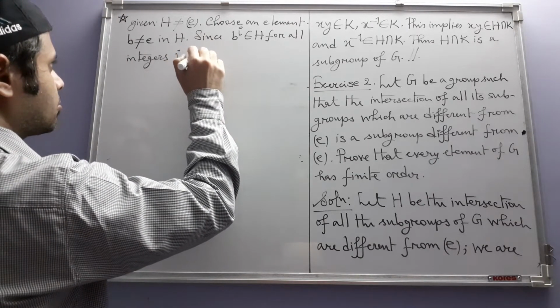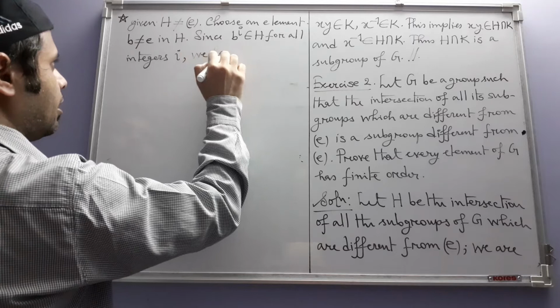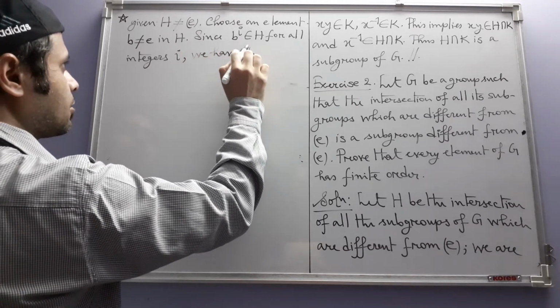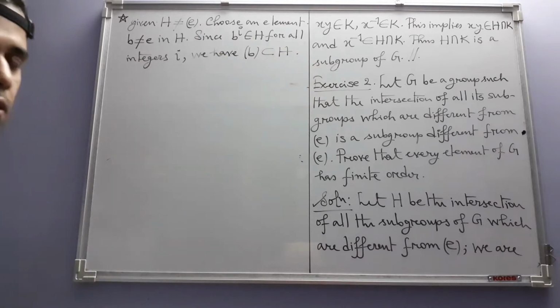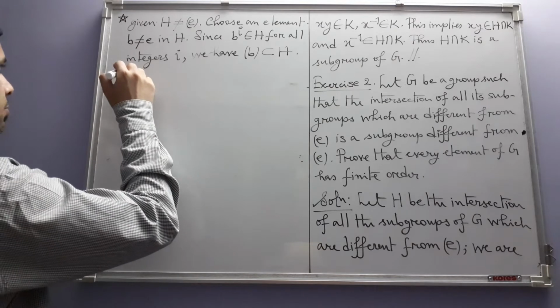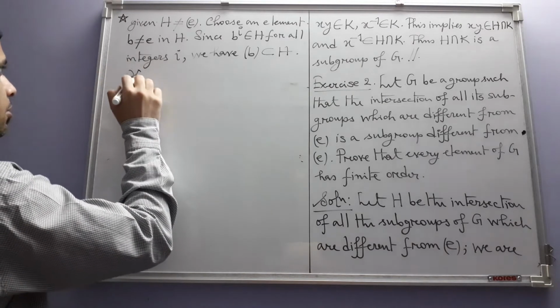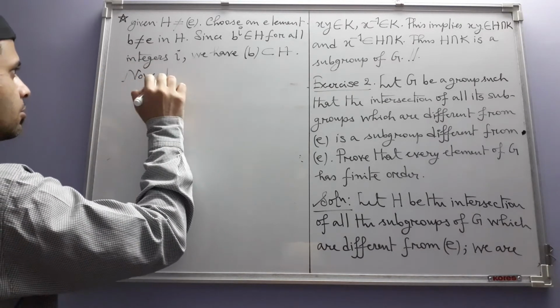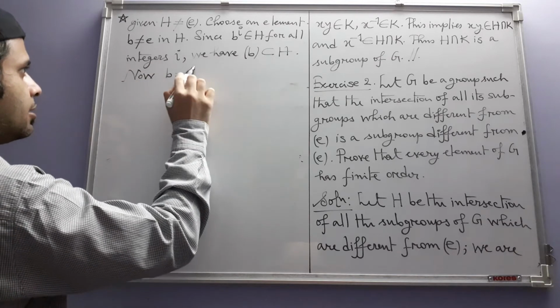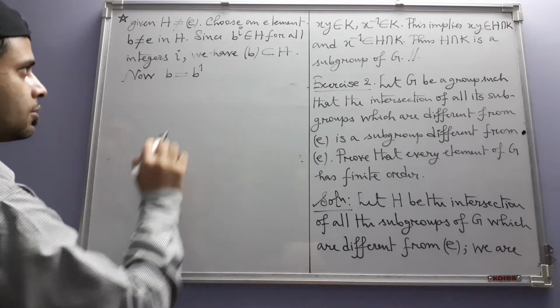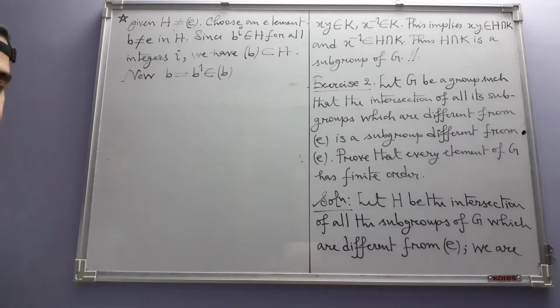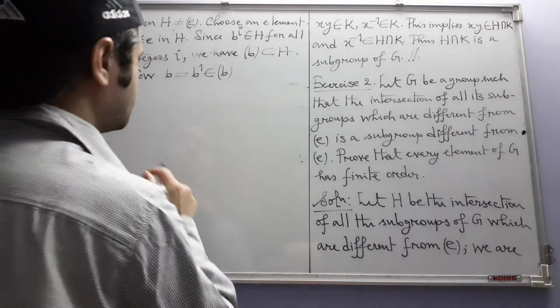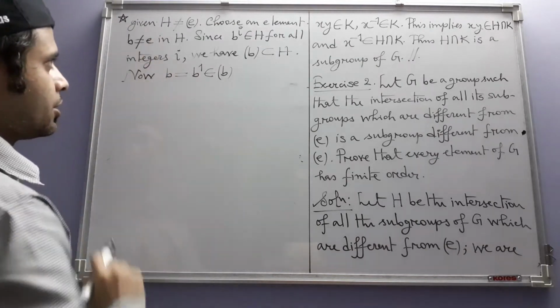So we have the cyclic subgroup generated by b contained in H. It should be contained in H. Now b itself is an integral power of b, and as such it will belong to the cyclic subgroup generated by b, and b is not equal to identity.